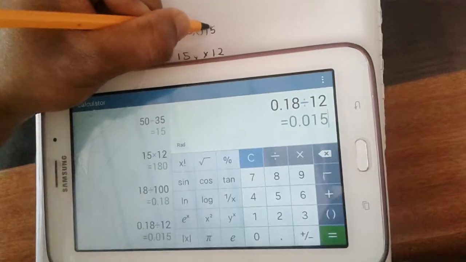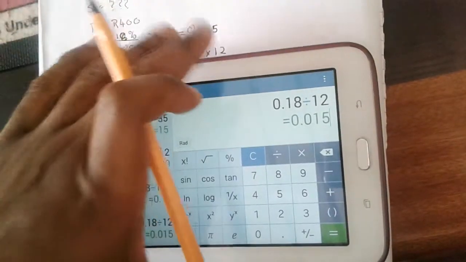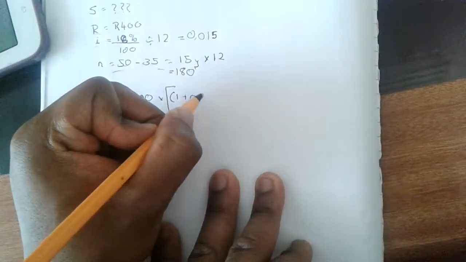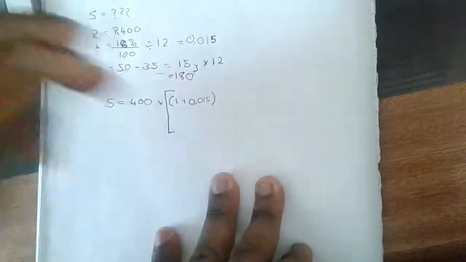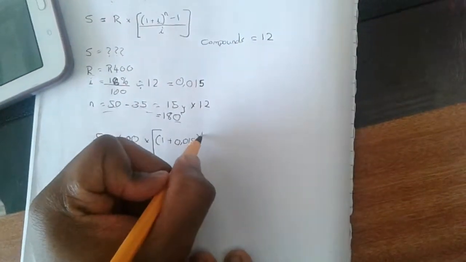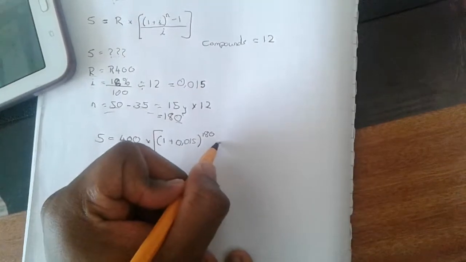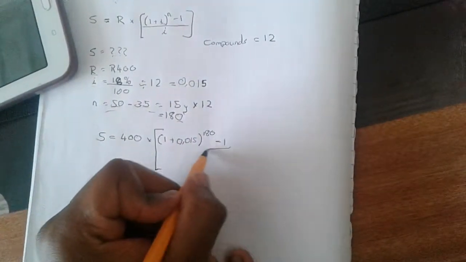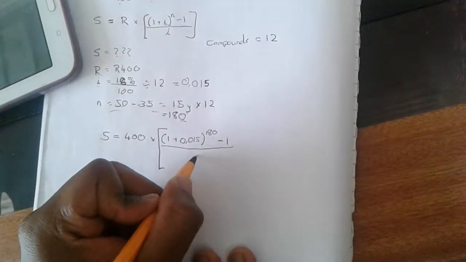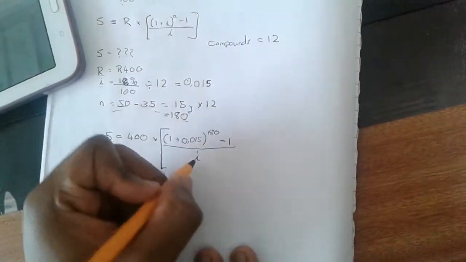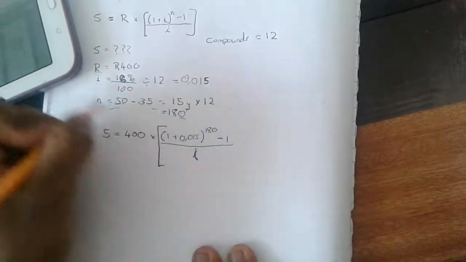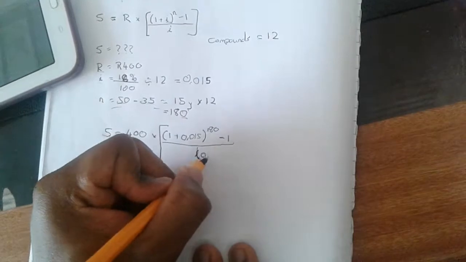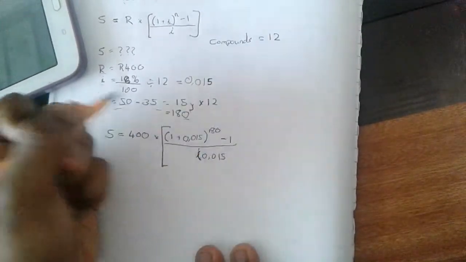Be sure to calculate all of this before you even attempt to substitute anything. So it's going to be 1 plus 0.015, all that to the power n, which is 180, minus 1, over I, which is 0.015.